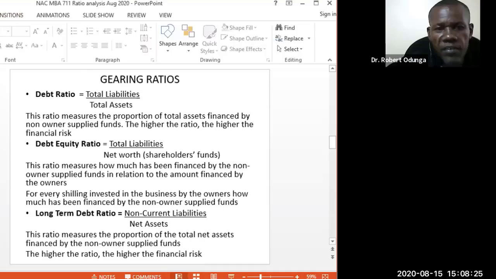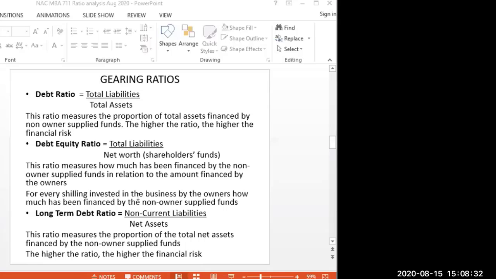So we go back to our illustration and check out those figures. You go to the balance sheet.